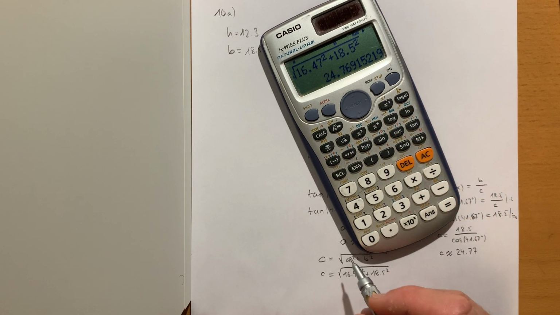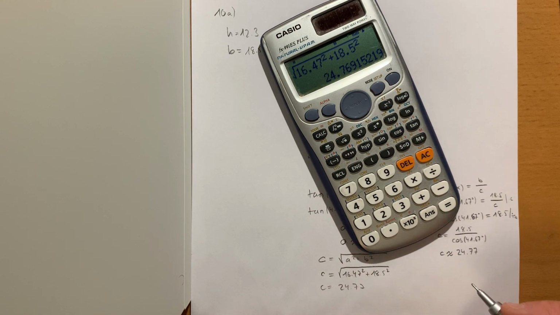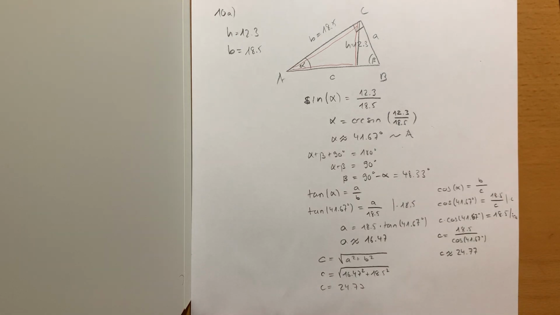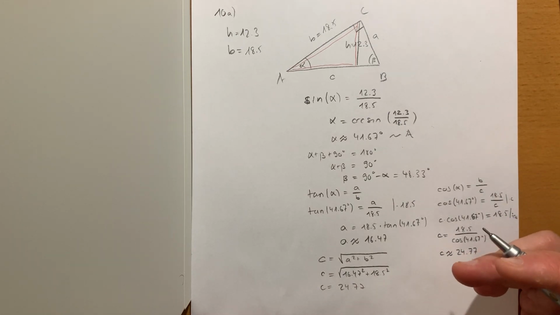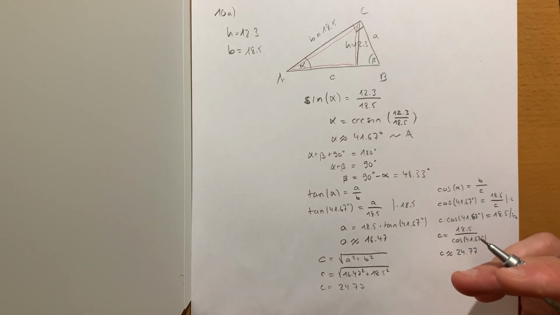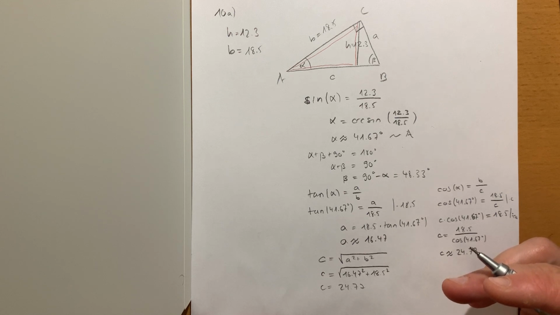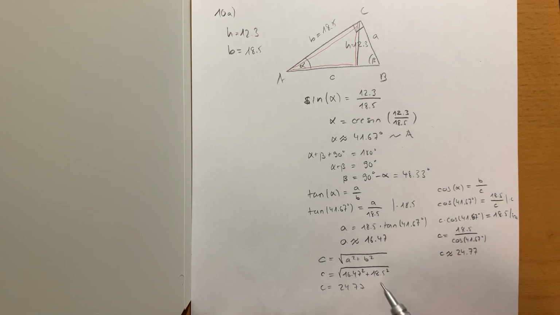Well, we get the same thing when rounded to 2 decimals. So C is 24.77 approximately. Look, if you use 2 rounded values, your mistake might be bigger than when you use only 1 rounded value. In this case, when rounded to 2 decimals after the decimal point, we get the same thing.